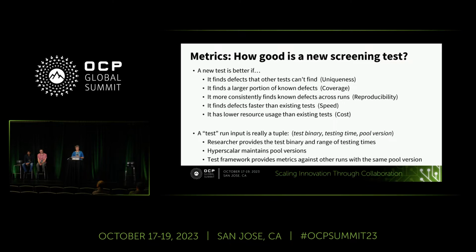And again, this is something that the hyperscalers are going to maintain. Also, part of the test tuple, we have to have a framework which is used to run the tests consistently, because otherwise, tests may erroneously look better than the others.